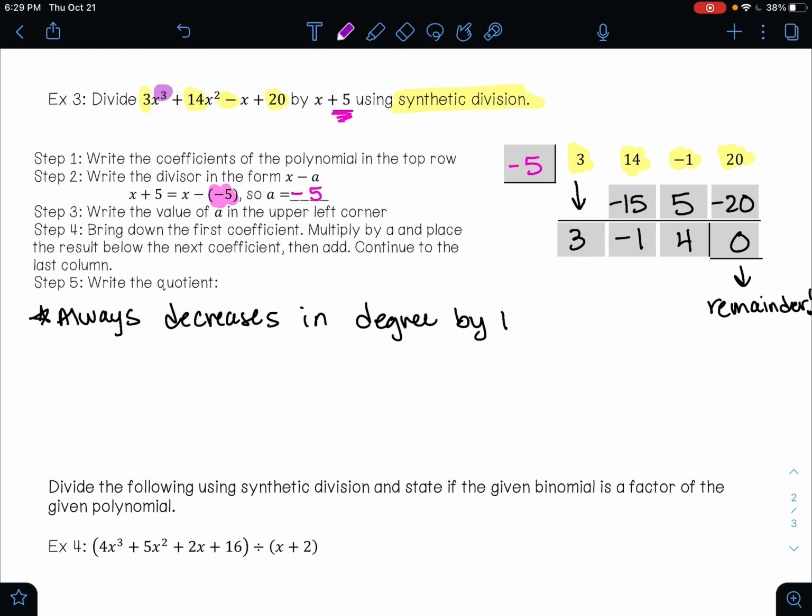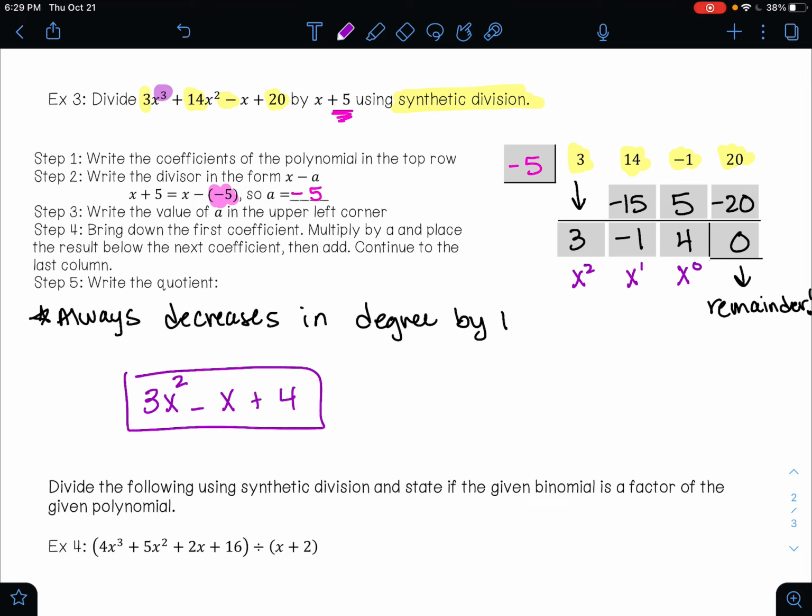So this first one, this 3, is the coefficient of x squared. And this is the coefficient of x to the first. And this is the coefficient of x to the 0th power. So my answer is going to be 3x squared minus 1x, or just x, plus 4.